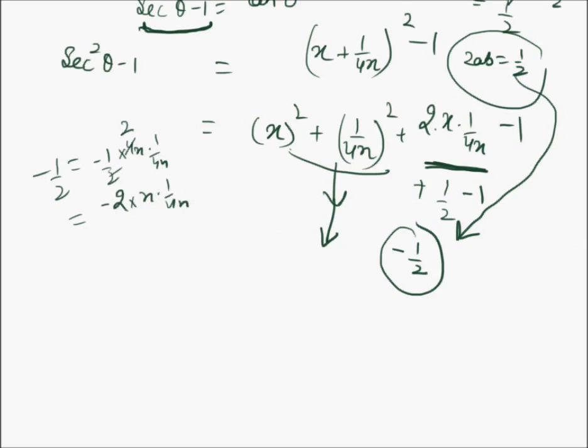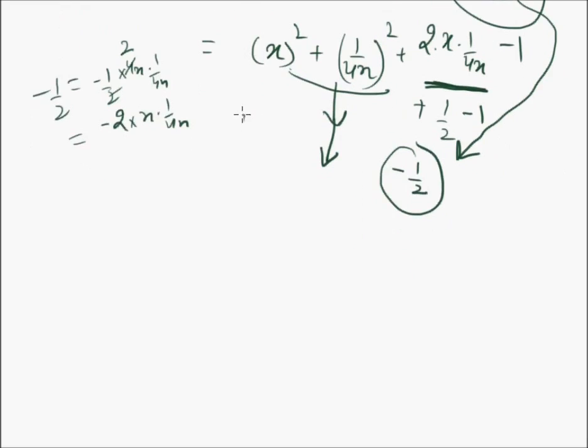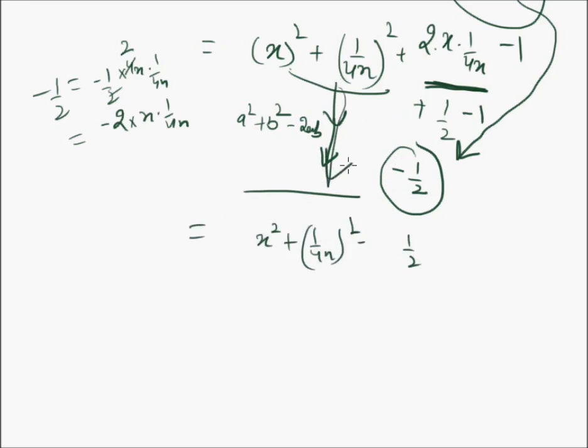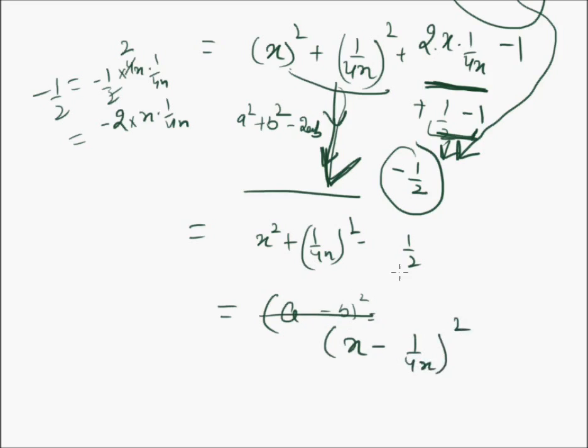So the point here is we now have a square plus b square minus 2ab as a whole, 3 terms, that is x square plus (1 by 4x) whole square minus 1 by 2. So it becomes (a minus b) whole square, that is (x minus 1 by 4x) whole square.